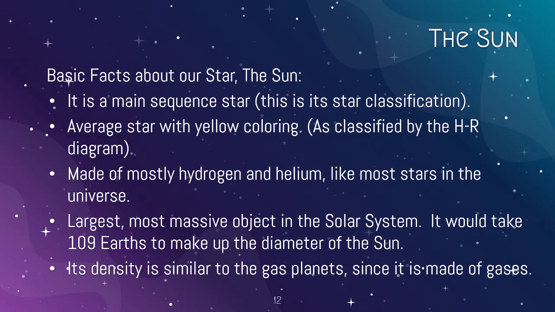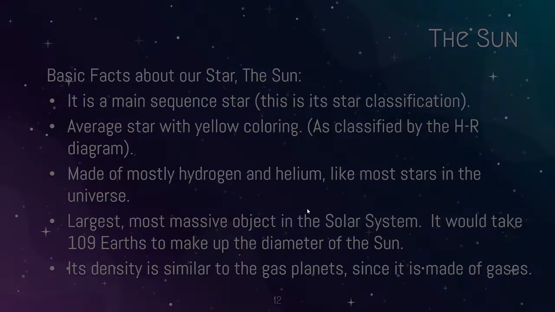Our star is yellow because it's an average temperature. It's mostly hydrogen and helium. It actually has the same density as the gas planets like Jupiter and Saturn because they're also made of gas. And you can see it's about 109 Earths. If you line them up end to end, they would equal the same diameter as the sun.